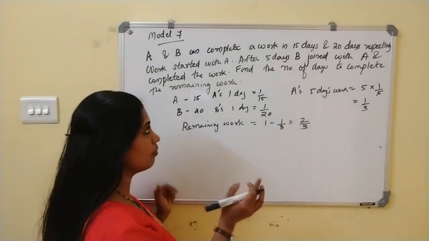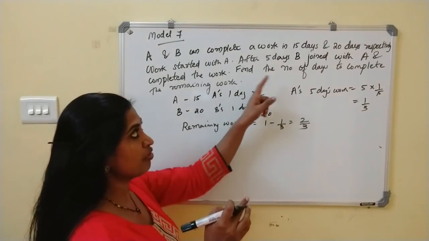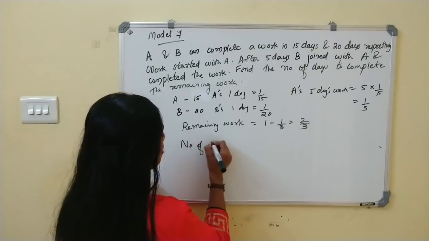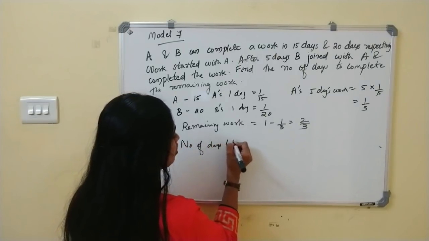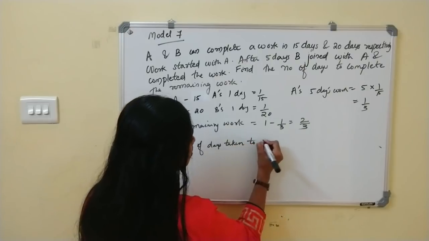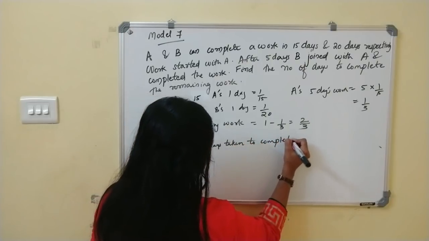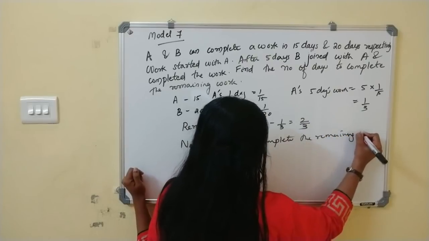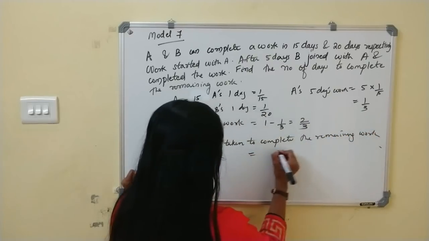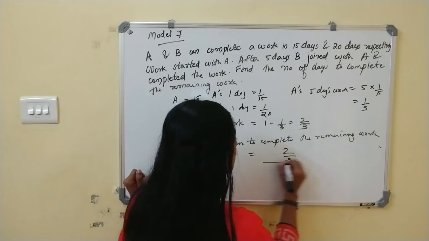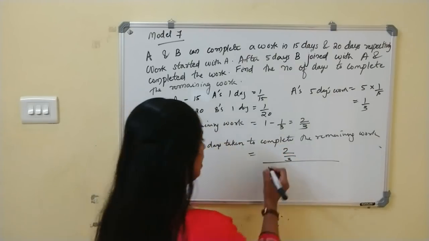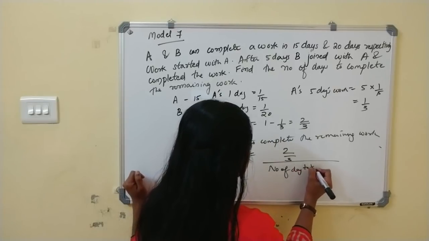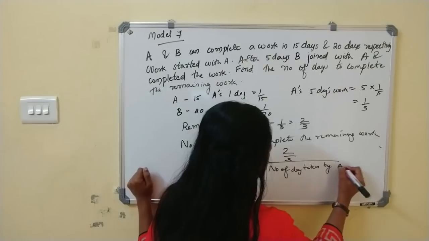This is done by both A and B because after 5 days B joined. So the number of days taken to complete the remaining work is given by the work that is to be completed, 2 by 3, by the work of A plus B together.